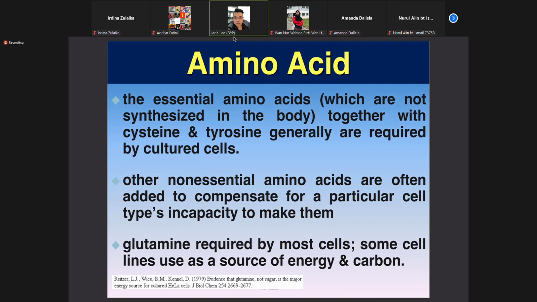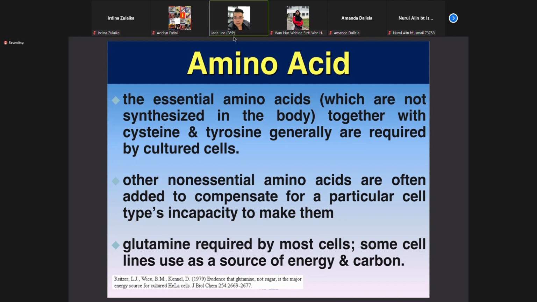Okay, so other non-essential amino acids are often added to compensate for the particular cell types and capacity to make them, and also the glutamine. Okay, the glutamine is required by more cells, and for some cell lines, they use glutamine as a source of energy and also carbon source. Okay, so always remember that.